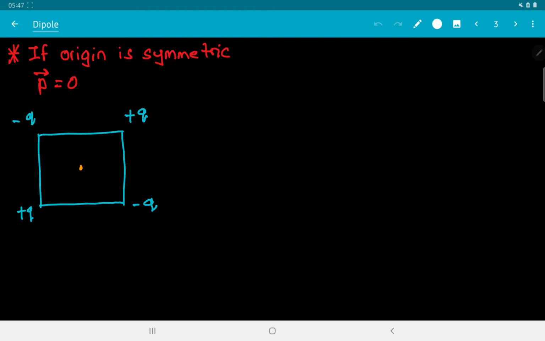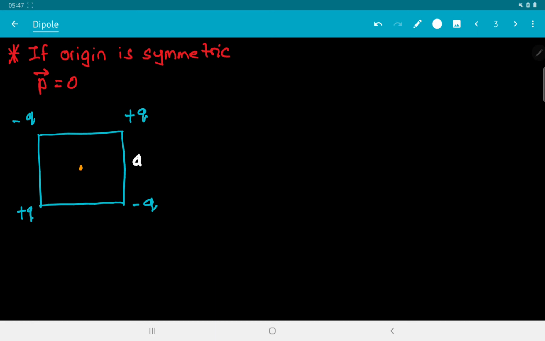The next point that is going to help us solve a lot of problems is, if the origin is symmetric, the dipole moment is 0. Let us try to understand this point. What do we mean by symmetry? Let us consider a square of side a.